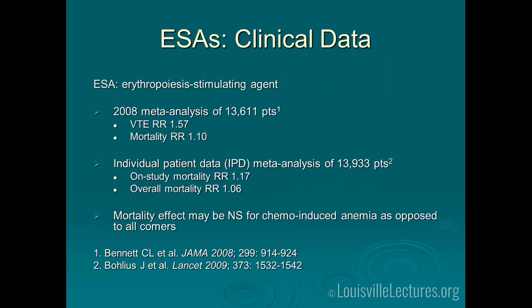So they increase the risk of mortality in some patient populations with cancer, particularly those who are not on chemo, and they increase the risk of blood clots in the legs and in the lungs. So erythropoietin and darbepoetin should be used with great caution in oncology patients.